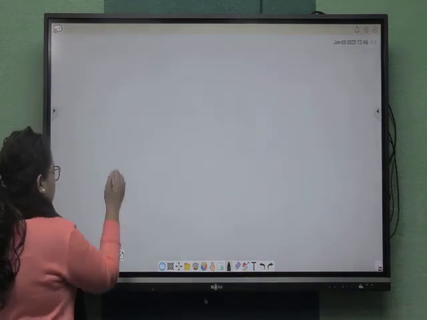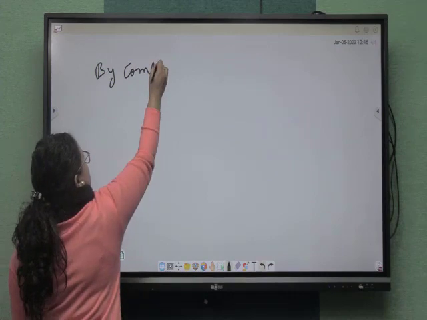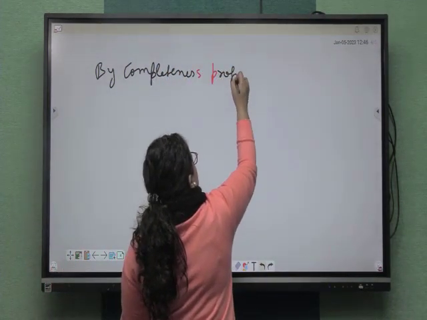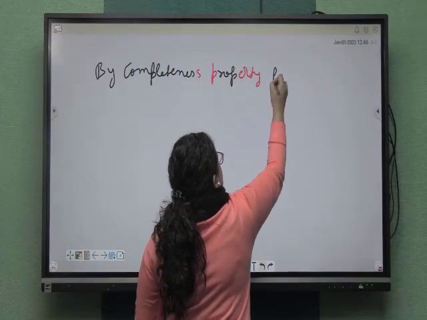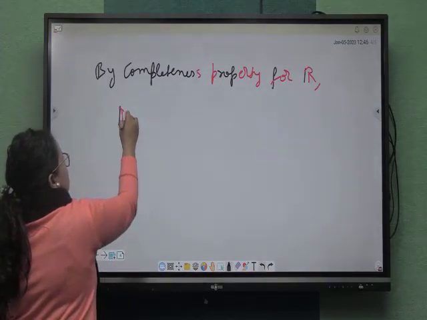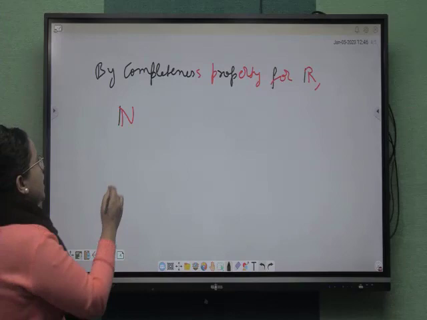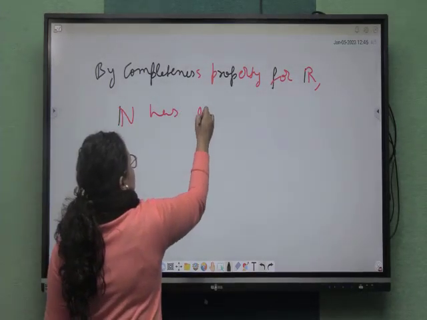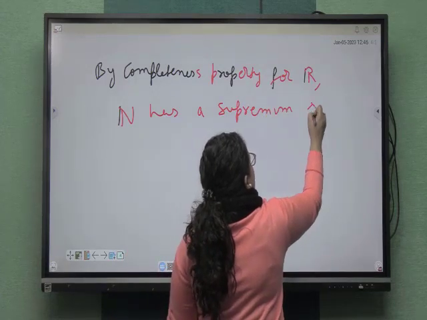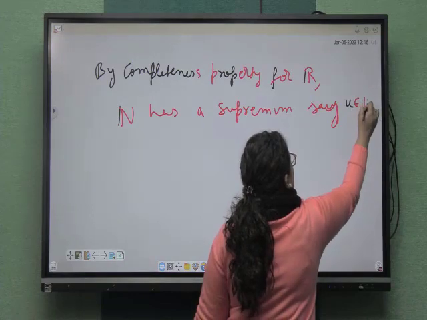So now by the completeness property for R, N has a supremum in R. Obviously, it may not be a natural number, but it has a supremum. N has a supremum, say u belongs to R.